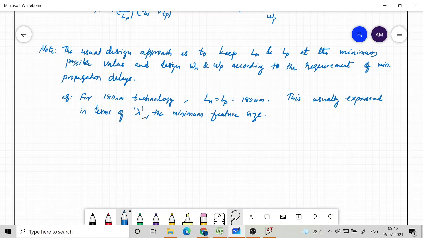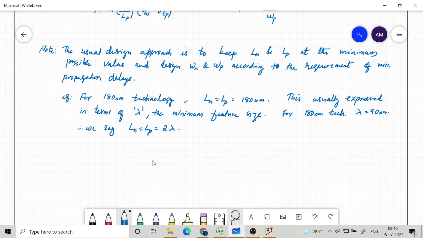So lambda is equal to, for 180 nanometer technology, 90 nanometer. Therefore we say Ln equal to Lp equal to 2 lambda.